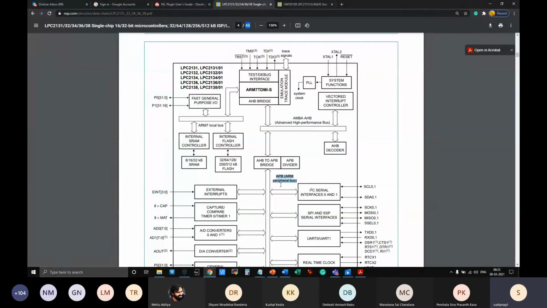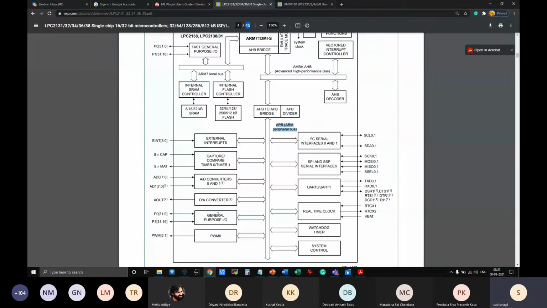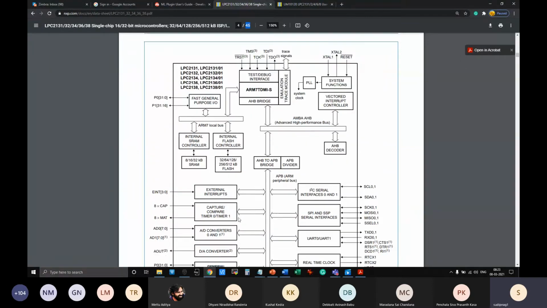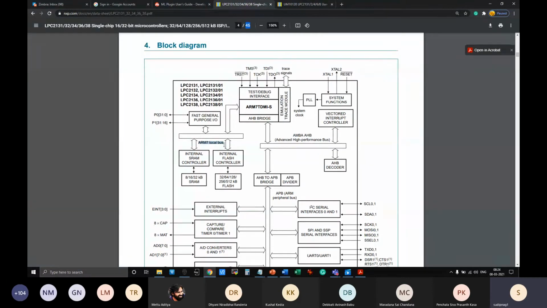This ARM Peripheral Bus interfaces with most of the peripherals or blocks, and within this peripheral block you have GPIO, or general purpose IO. Those GPIO pins can be accessed through APB, or through ARM7 local bus. The physical pins remain the same, and their numbers also remain the same.